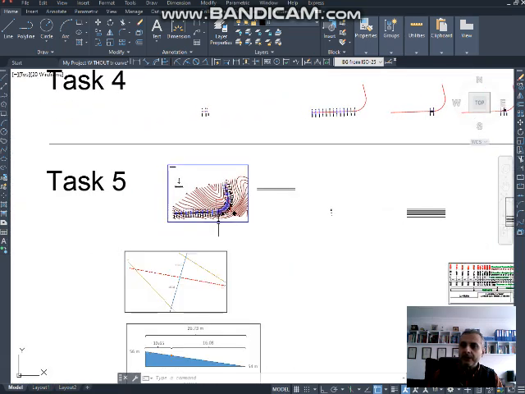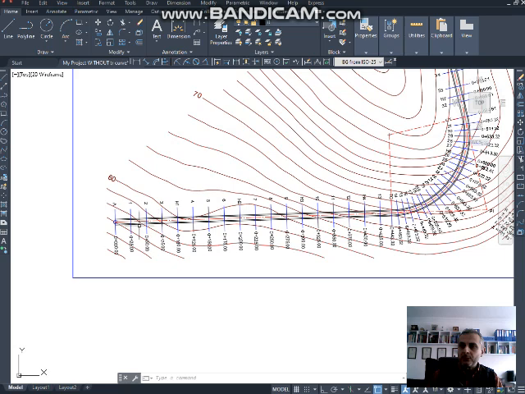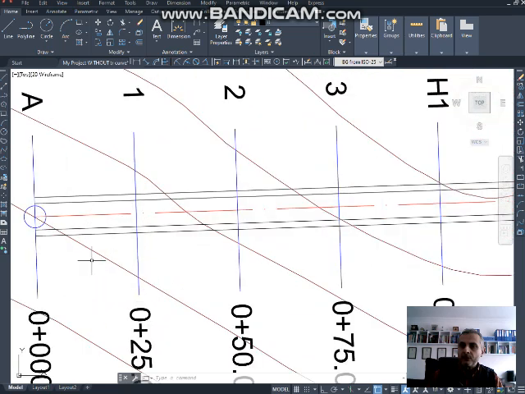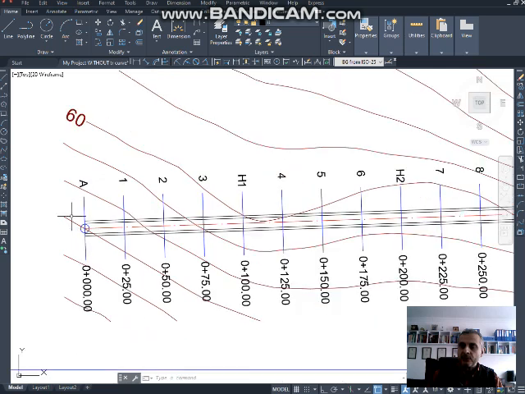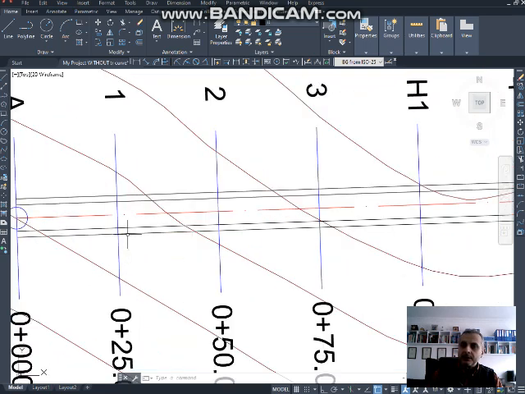In order to calculate that, we go back to the plan drawing. So this is my cross section A, and the elevation is 54, 60, 58, 56, 54. Now I need to calculate or interpolate the elevation of this point on cross section 1. It's basic mathematics, really.